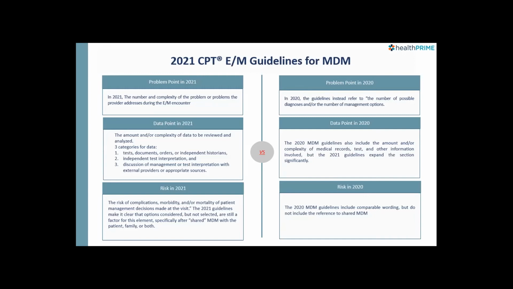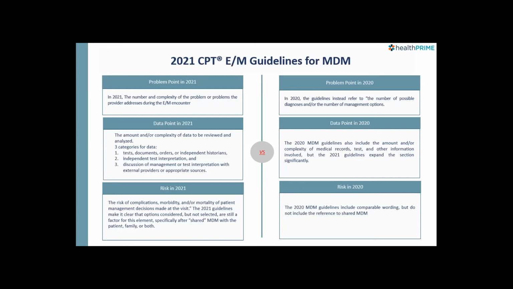In 2020, we only had the tests, documents, orders that needed to be documented in the medical record, which is significantly expanded. And now we also need to document assessment by the independent historians, independent test interpretations, and discussion of the management option with the external providers.